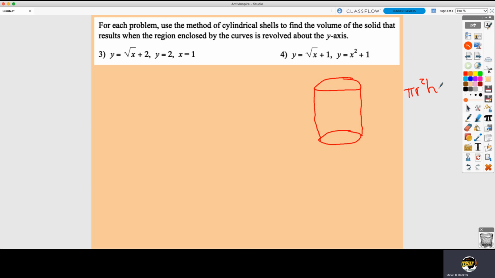Now, because we don't have a straight cylinder here, if you look at our equations here, they're a little bit different. So for this, we are going to draw a whole bunch of little cylinders in here, and we're going to find the volume of each one of those, and we would pack that entire thing really tight.